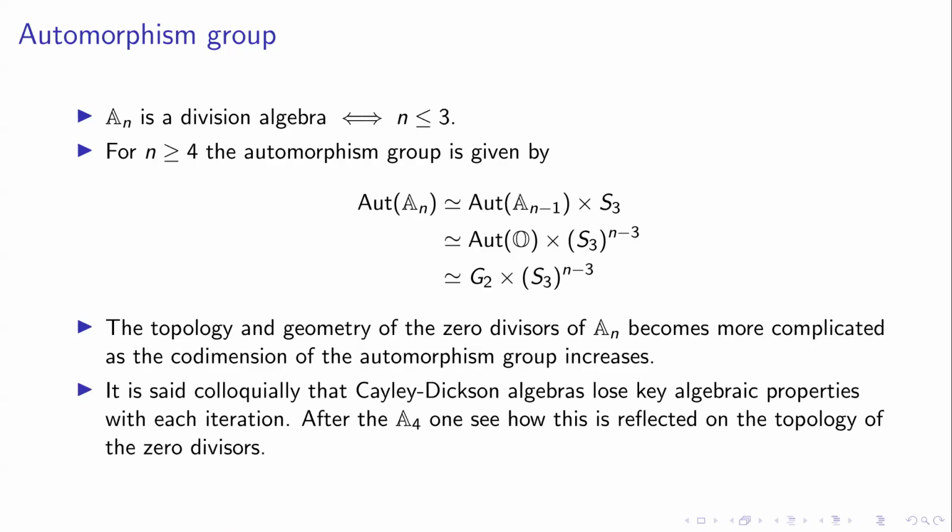It is sometimes said that Cayley-Dickson algebras lose properties when you iterate the process, but it's not so clear what properties you lose after the sedenions, because they are all non-associative and non-alternative. But I think one nice way to see what gets worse with the Cayley-Dickson construction is that the topology of the zero divisors becomes more complicated.